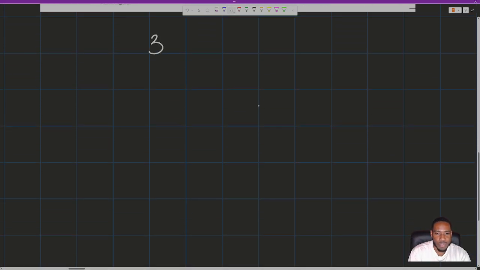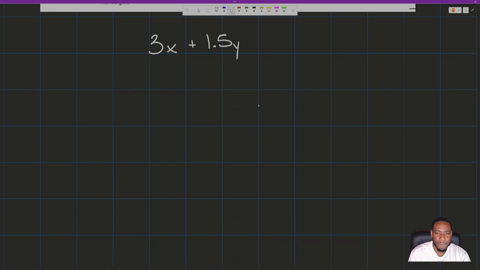So it says 3x plus 1.5y equals 30, where x equals the hamburgers and y equals the hot dogs.